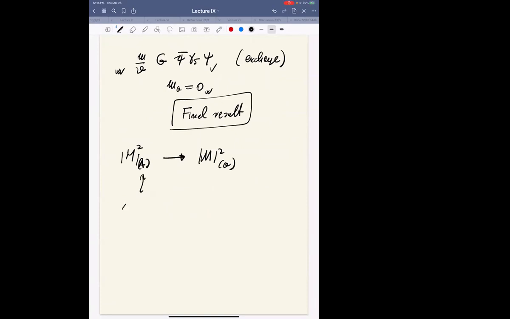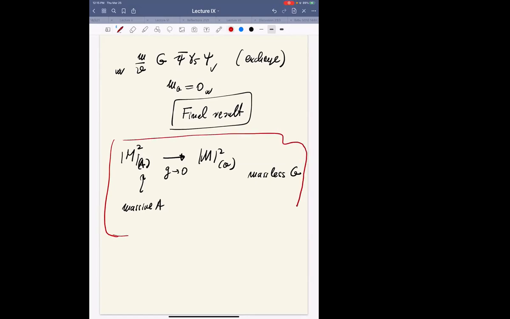This is massive A, and this is massless G. When g goes to 0, the gauge boson decouples.